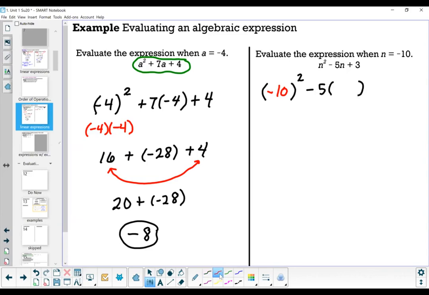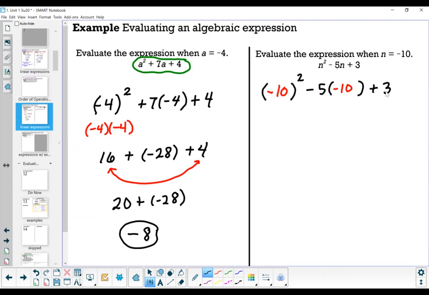So what goes in parentheses? -10. And then I have plus 3, so I'm going to just write plus 3. So I've substituted for n wherever I saw the n.